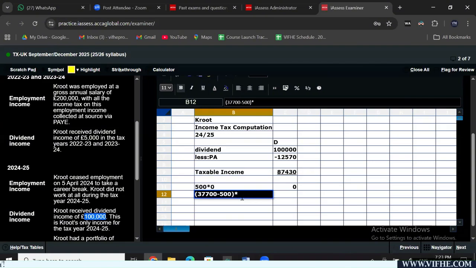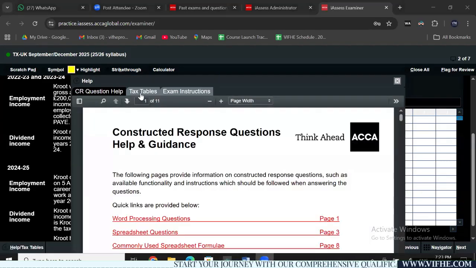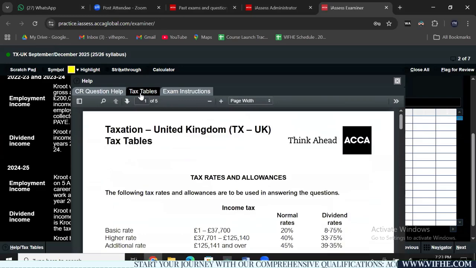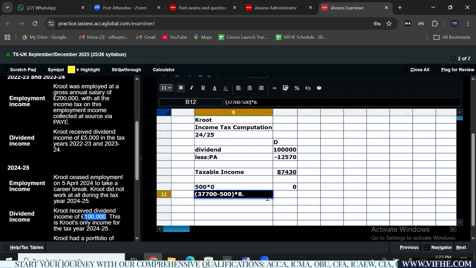while the basic rate for dividends is 8.75%. For that purpose, you may take help from the tax table. See? 8.75%, right?